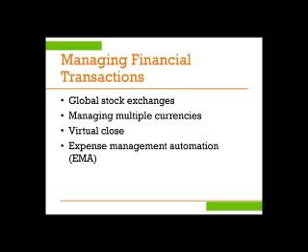Expense management automation deals with primarily T&L, travel and living costs associated with your business. With a lot of organizations, this expense is a huge part of their budget. It's expensive to travel.